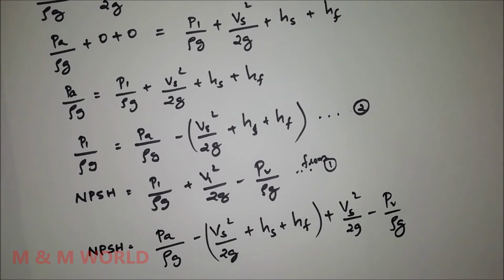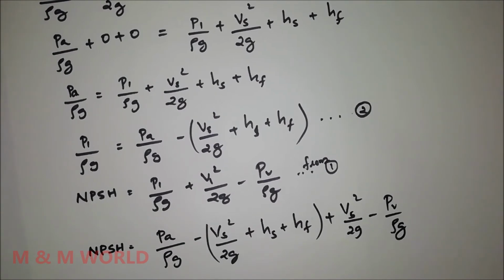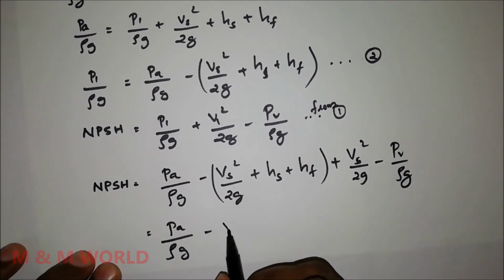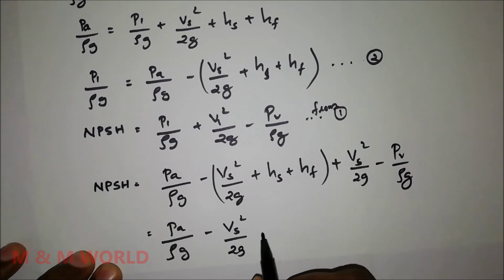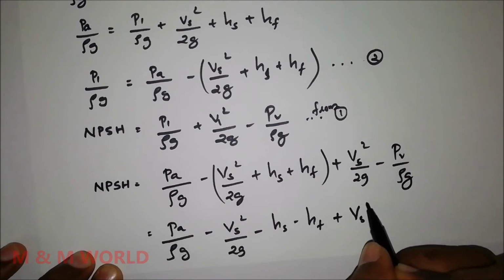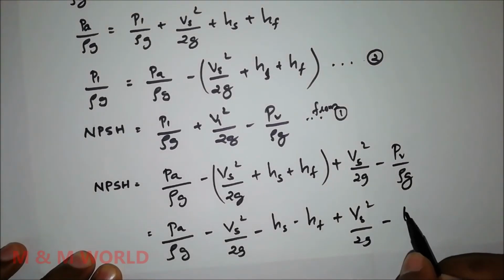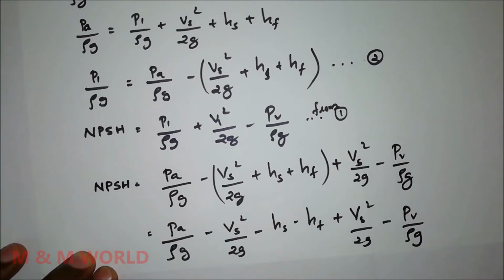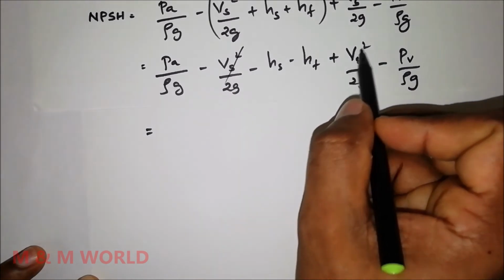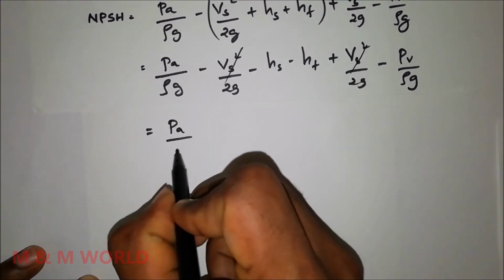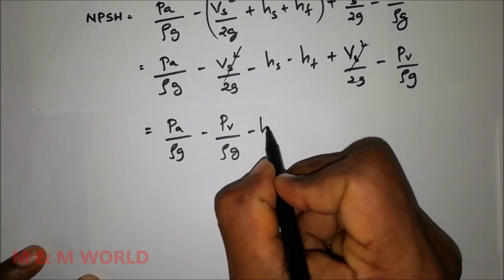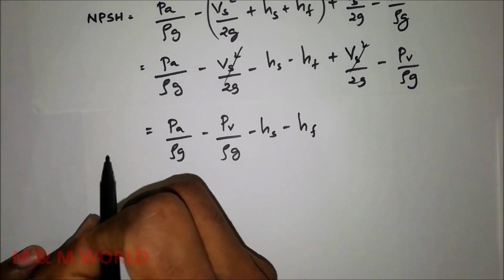So it is equal to Pa by rho g minus Vs square by 2g minus Hs minus Hf plus Vs square by 2g minus PV by rho g. These two will get cancelled. So we will get Pa by rho g minus PV by rho g minus Hs minus Hf.